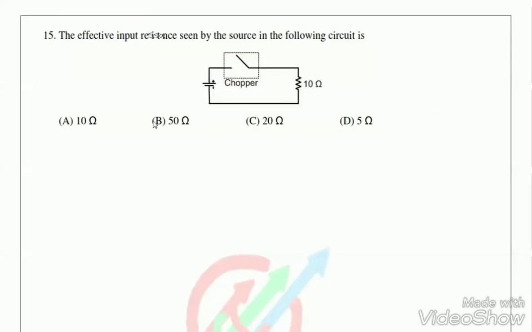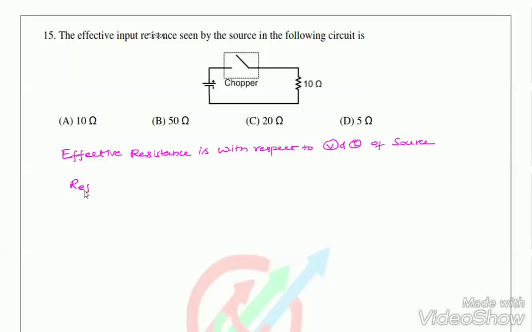The next question here: the effective input resistance seen by the source in the given circuit is. Whenever the question asks for effective resistance, it is always the resistance with respect to the voltage and current of the source.